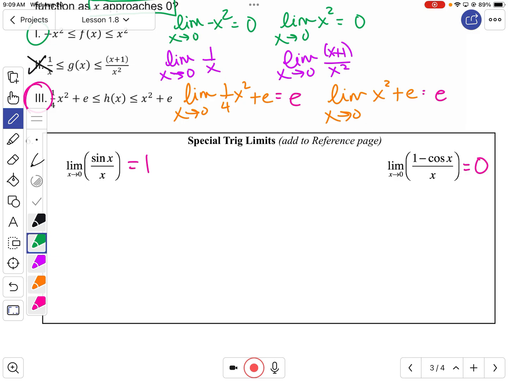And here's why. Here's a cool thing. This one also works if I do the sine of kx over kx. So as long as the number inside with sine matches the number outside with x, it still equals 1. Even cooler, the reciprocal is also true.